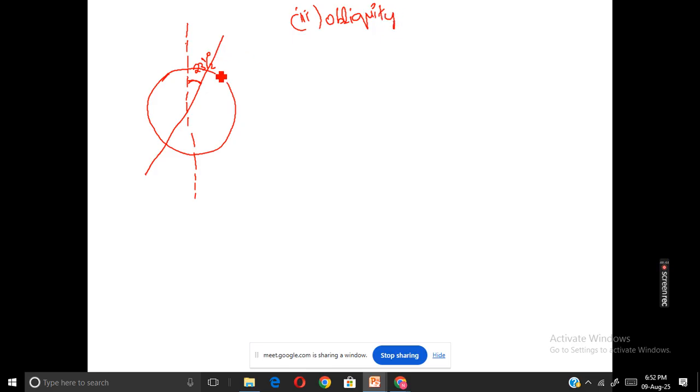This angle is actually changing from 22 degrees to 24.5 degrees.